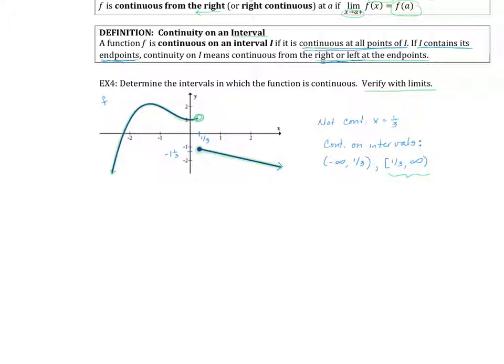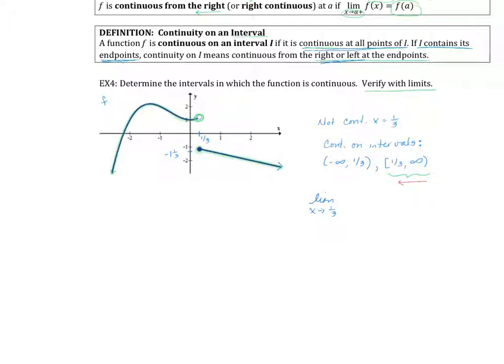at 1/3. Okay, so I need to take the limit as x approaches 1/3. The problem is, am I approaching from the left or from the right? Well, you can't approach 1/3 from the left because there's nothing there. The only way I can approach 1/3 is from the right.